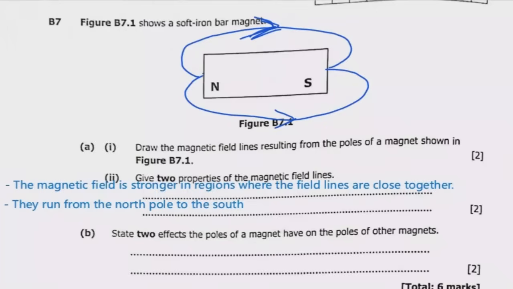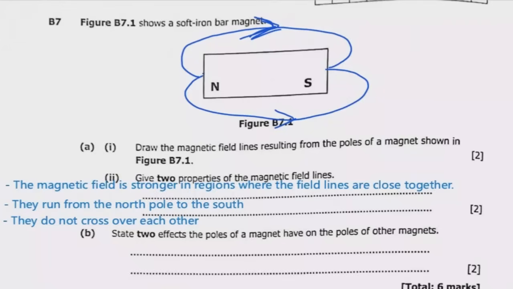You have been asked to give two properties, but I can give you a third one in case you forget one and remember the other. The other one is that the lines do not cross over each other. So these are the properties of the magnetic field lines.